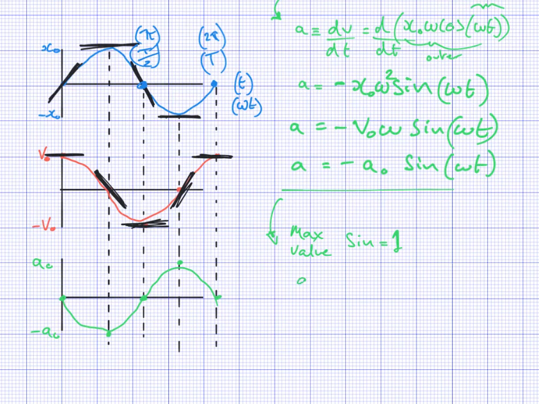So we can then say that our maximum acceleration is this v naught omega, and then this value of 1, which is going to come about from our maximum value of sine, which means we can just simplify this down to v naught omega, or our maximum acceleration x naught omega squared.